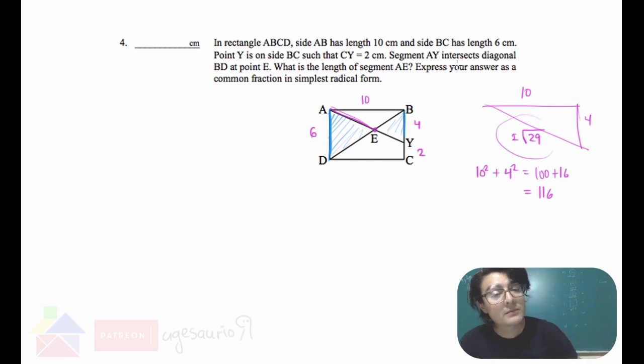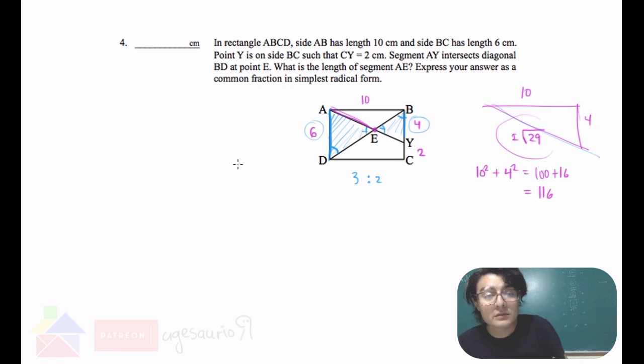So that has to yell at you that these triangles are similar, right? Okay, so they are similar, and these numbers right here are telling you the ratio. So it's 3 to 2, and you know that the whole line is 2 times the square root of 29.